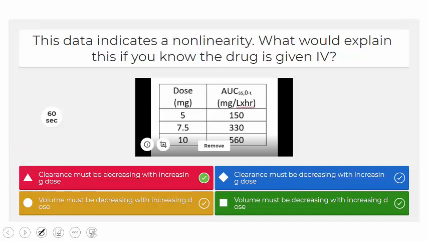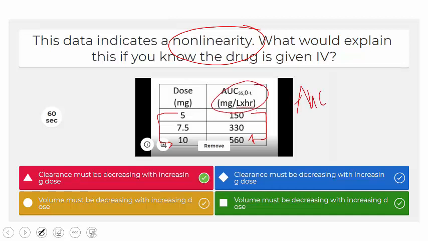In our last set of slides we already determined that there was a nonlinearity in this data, because when you go from 5 to 10 milligrams for a dose, we would expect to go from 150 to 300, and we're going to 560. So there's a much larger increase in our area under the curve than we would have expected.